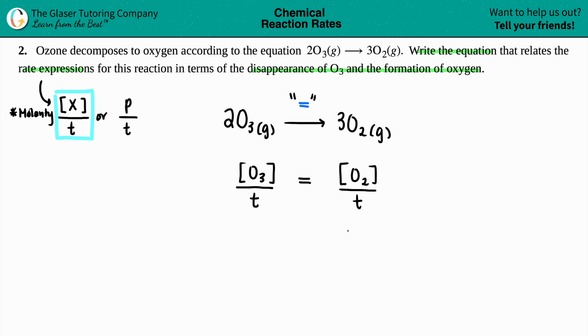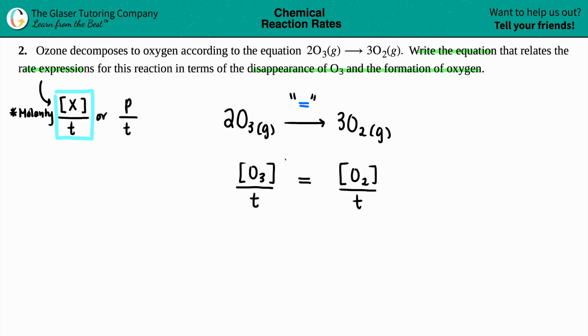But now we want to say that O3 is disappearing and O2 is being formed. Now this can only happen if we show some type of change. Keep in mind that as this is getting converted into O2, time is going by, right? And it's a chunk of time. It's not going to happen literally right from the start. So I just have to show that there's going to be some change that's happening.